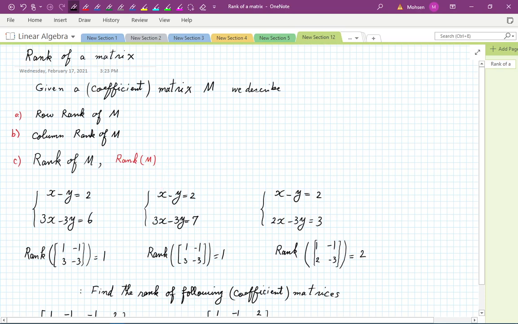So rank is a number: 0, 1, 2, 3 and so on. The coefficient matrix of a system gets to be labeled to have a certain rank.